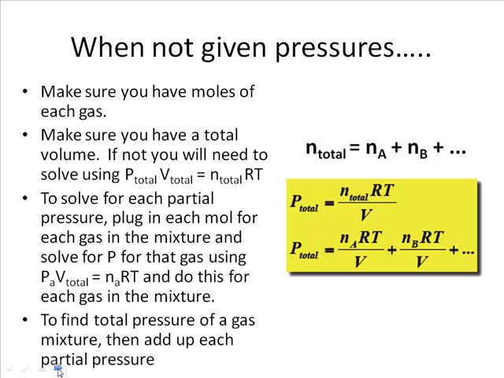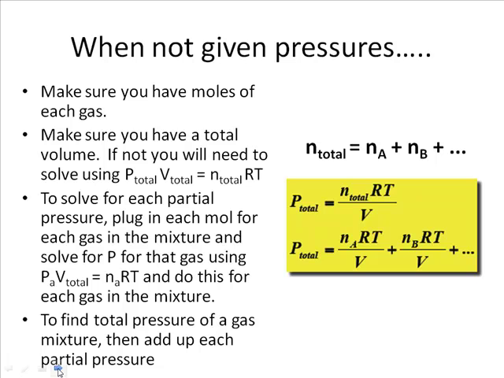So, in mathematical terms, make sure you have the total amount of moles in order to figure out the total pressure within a gas. nA represents the moles of gas A, nB represents the moles of gas B. To figure out the total pressure, we need to sum up the total amount of moles within the mixture, and we need R and T, and we divide that by V to get P total.